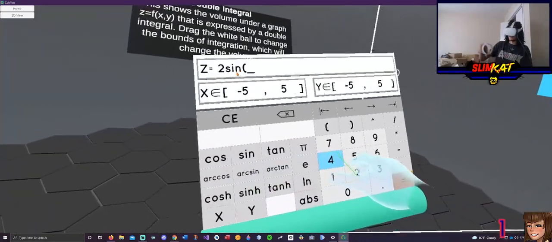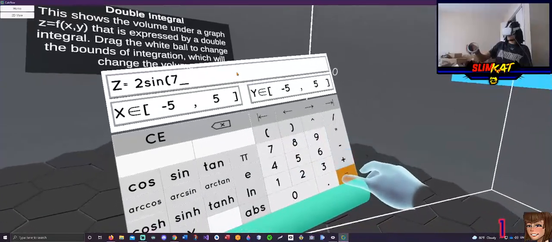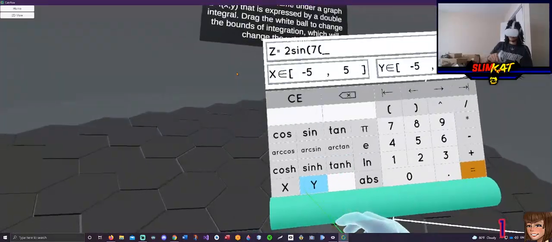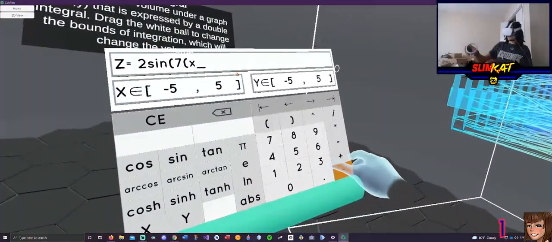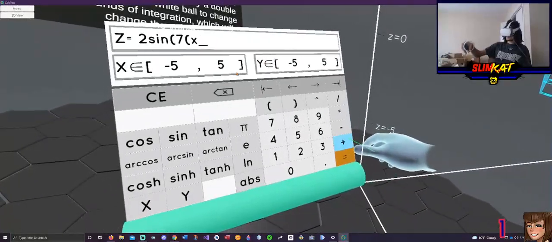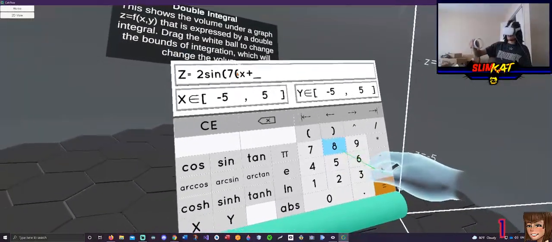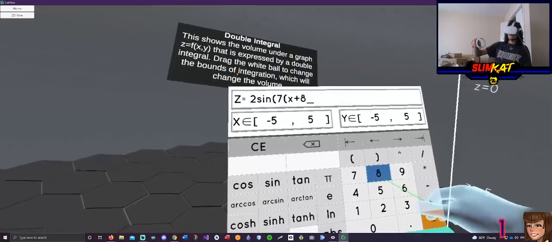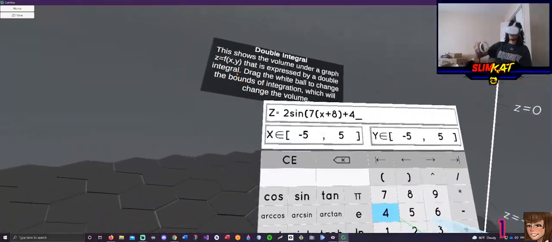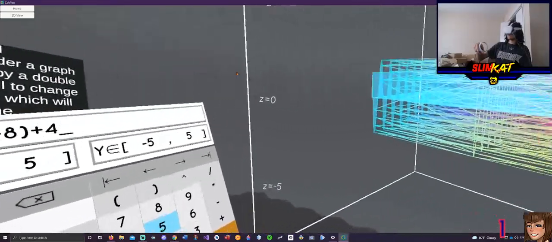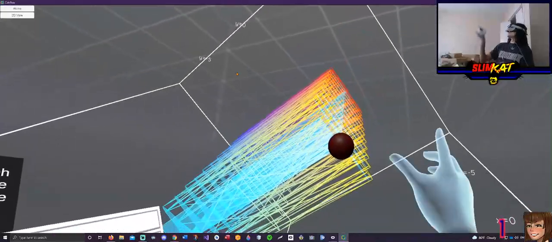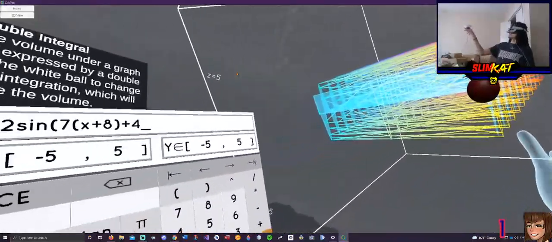2 sine 7x plus something plus 4. I'm pretty sure I have that wrong. I need to double check.